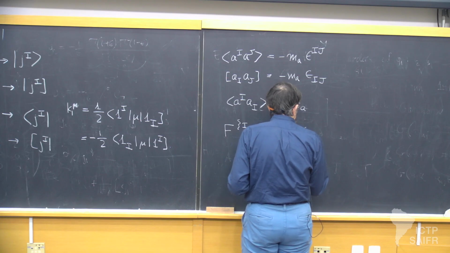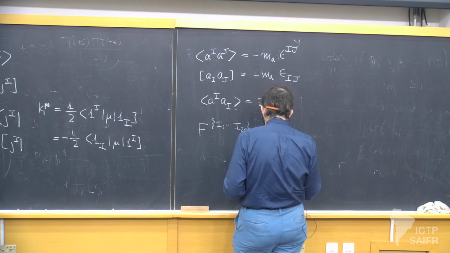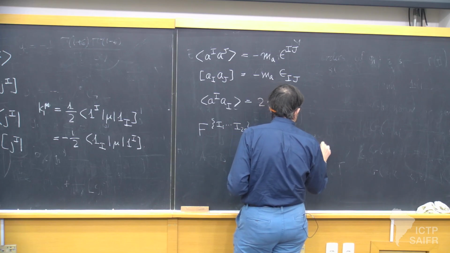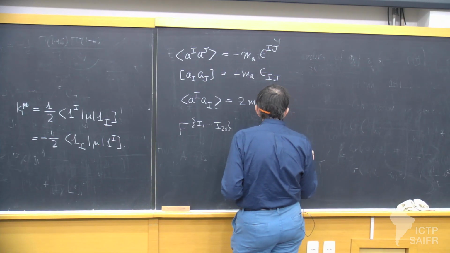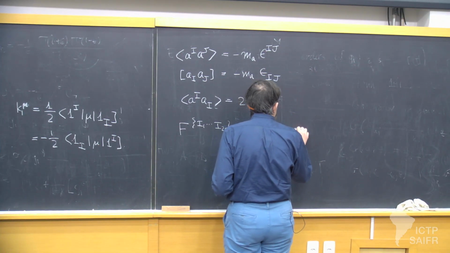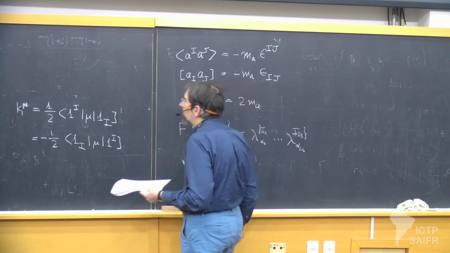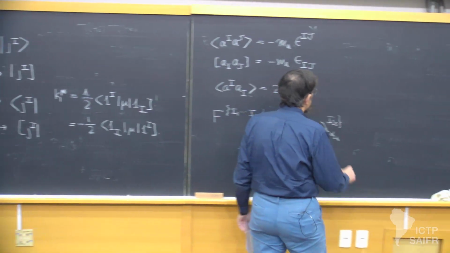Of course, they carry SL2C indices as well, so we now have 2S of those SL2C indices, and those, by virtue of the symmetrization of the little group indices, will end up being symmetrized as well.